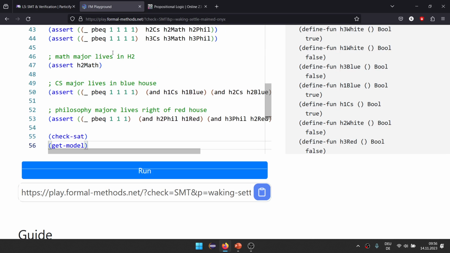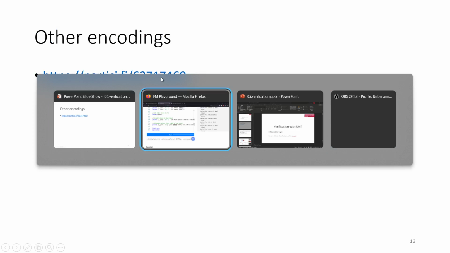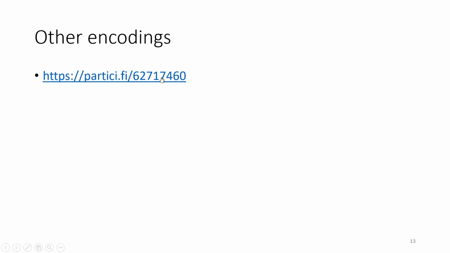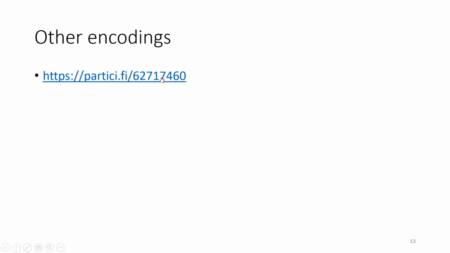I mean, this thing, the math major lives in house 1, house 2. This is exactly a single statement, right? A very simple statement. And these ones here, well, maybe we could make them a bit easier. But the question is, how would we do this? What are possible other encodings? Let's just discuss what are possible other encodings.